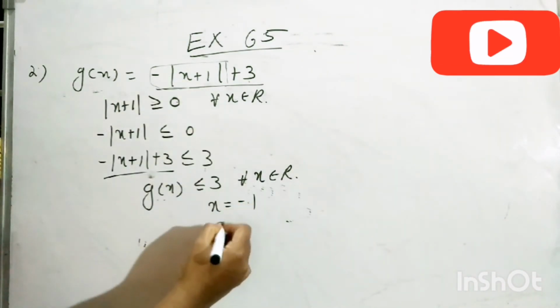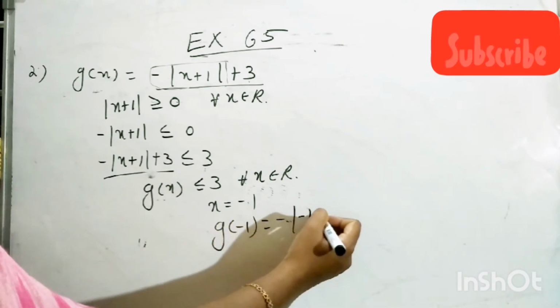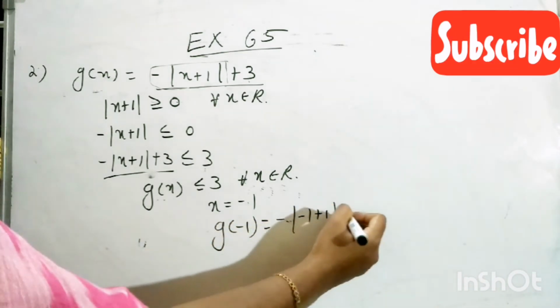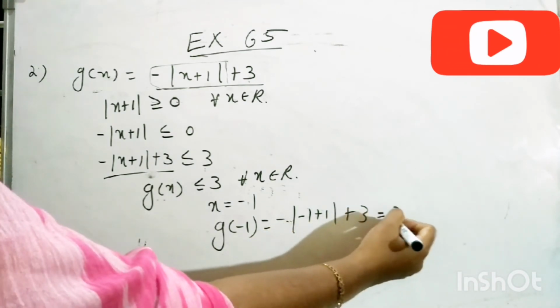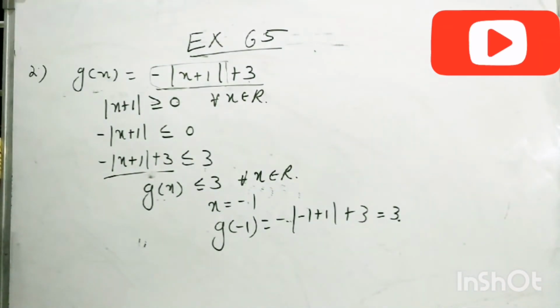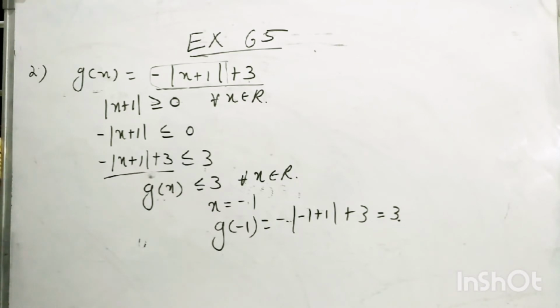If x is equal to minus 1, g of minus 1 is equal to minus of |minus 1 plus 1| plus 3. Minus 1 plus 1 is 0, and we will get 3. So the conclusion: g of x has maximum value 3 at x is equal to minus 1. But we don't know anything about the minimum value of this g of x.